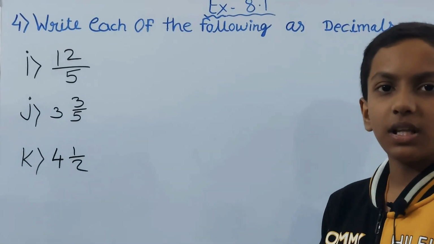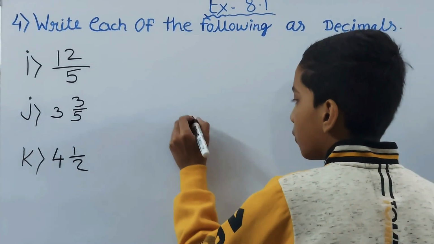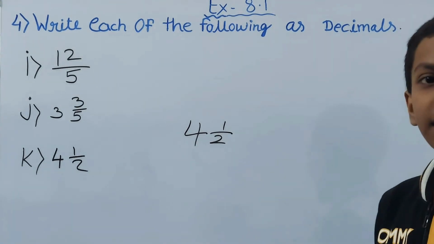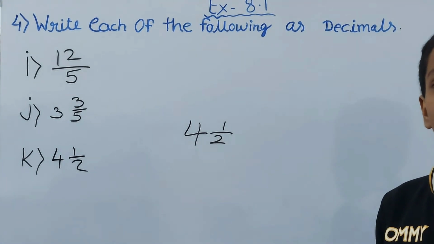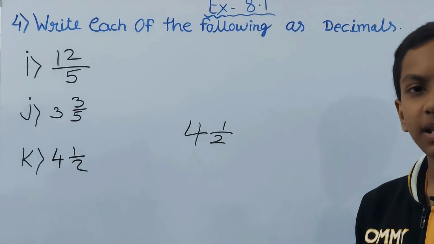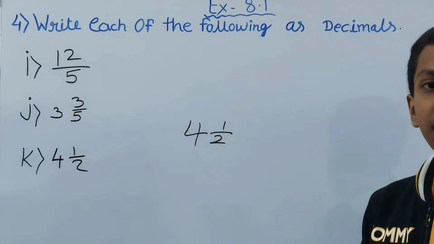Let's solve the last part, which is the K part, which is 4 wholes and 1 upon 2. Now let's convert this into an improper fraction first. It depends upon you which method you want to use. You can use any method that will get you the correct answer.